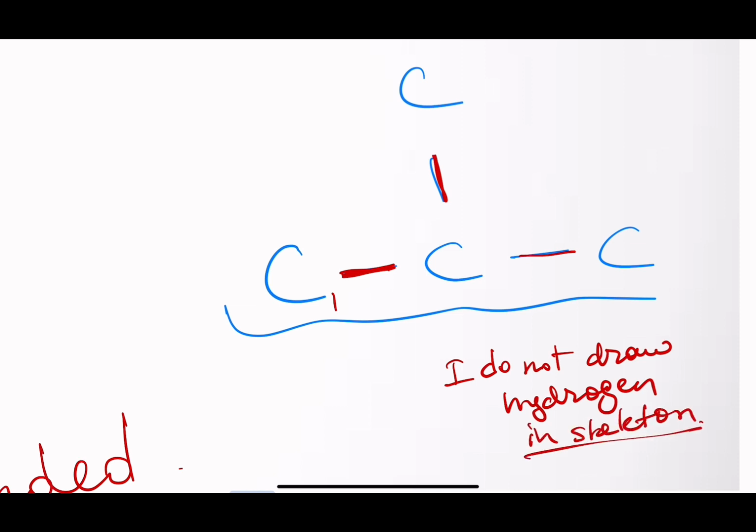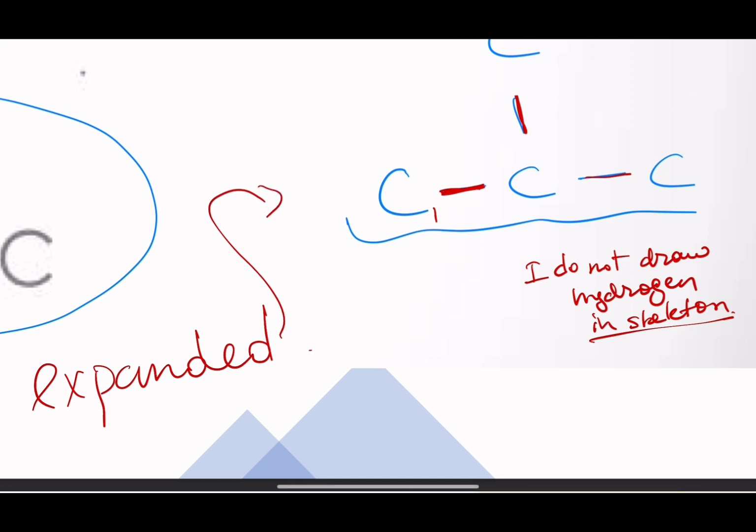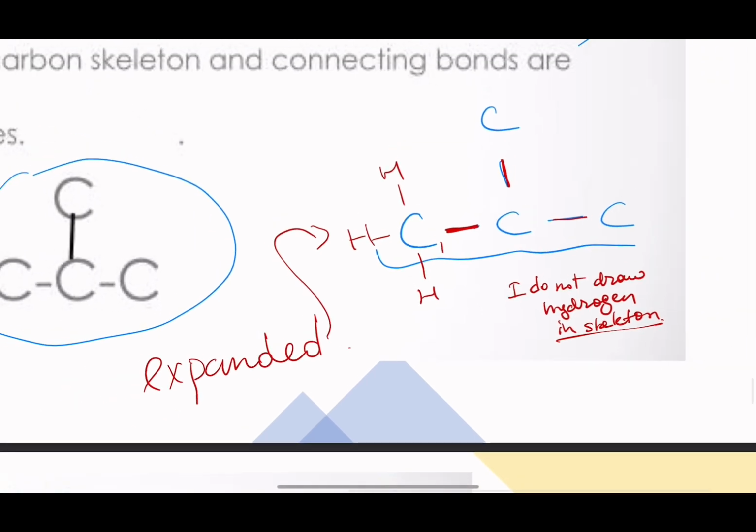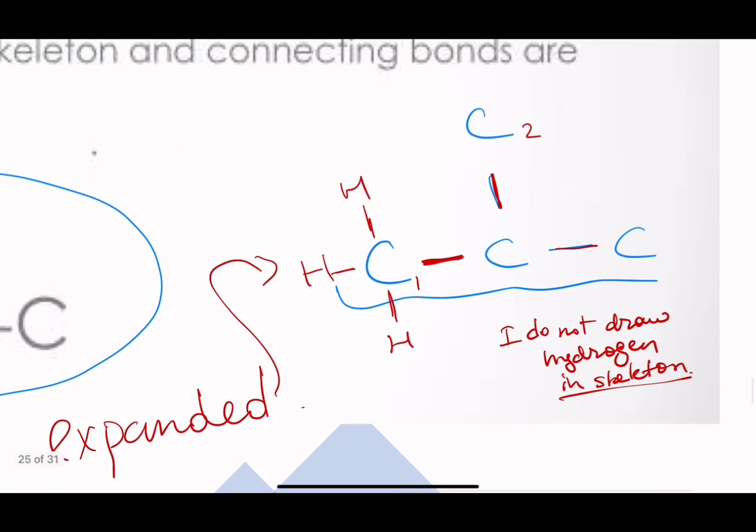Now in expanded form I do. Let's draw the expanded version. I'm going to draw each hydrogen. You see, I'm going to complete it with 3 hydrogens, because I need to have 4 bonds. Now look at this guy, for example carbon 2 here. This one also has bonds that need filling, so I will fill it with as many hydrogens as needed so I can have 4 bonds.